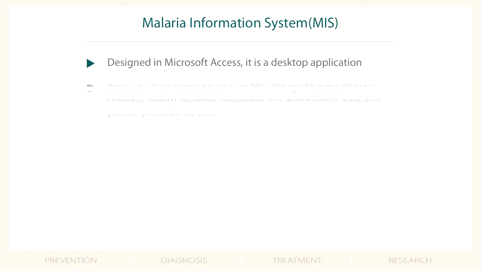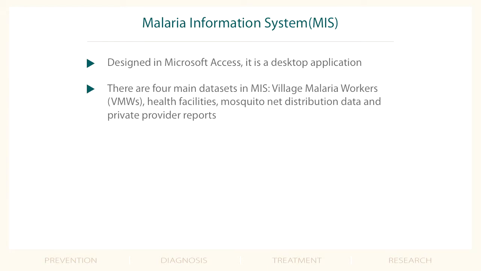As I mentioned previously, there are 4 main datasets in the MIS. In that system we store a lot of data, but the main things that we update every month are only 4.